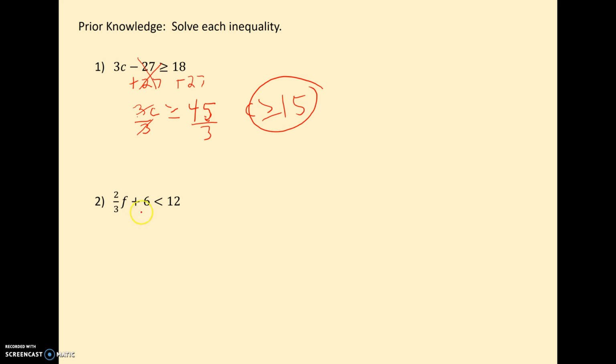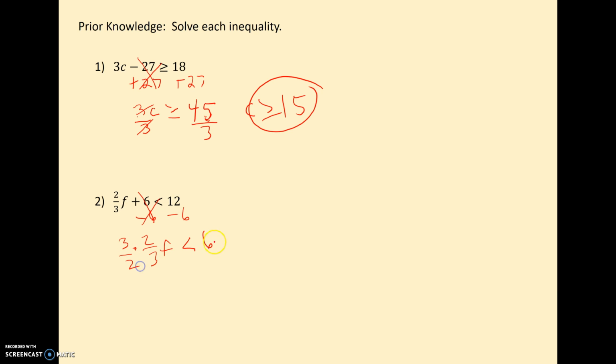On the second one, you want to subtract 6 first, like so. So that'll leave you with 2/3 f less than 12 minus 6, which is 6. So in order to isolate f, or get the variable by itself, you have to remember to multiply by the reciprocal.